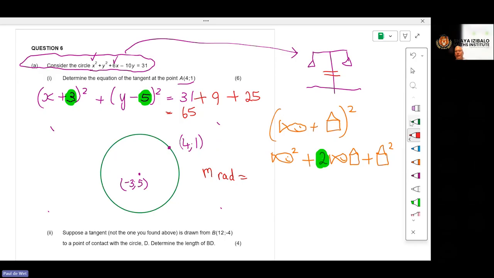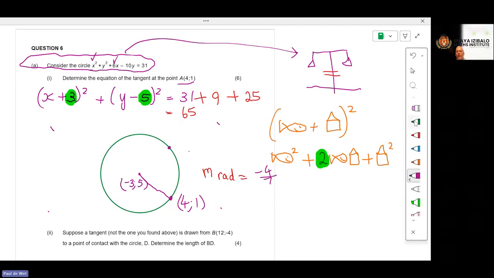This point's not here. Where's the point? It's to the right, but it's actually below this point. 4, 1 is somewhere over here. What's the gradient of the radius? -4/7. Okay, I like that. We have dropped down 4 and we've run across 7.